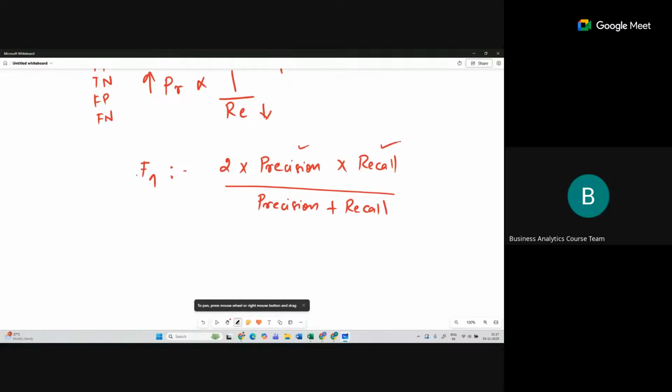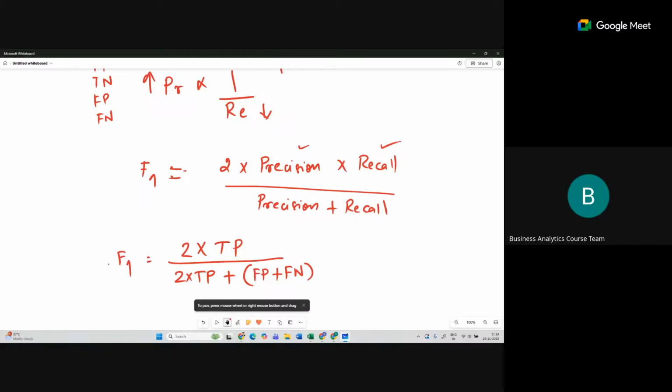Only then you can compute the F1 score. There is also another formula: 2 times true positive divided by 2 times true positive plus false positive plus false negative. This is another formula for F1 score.